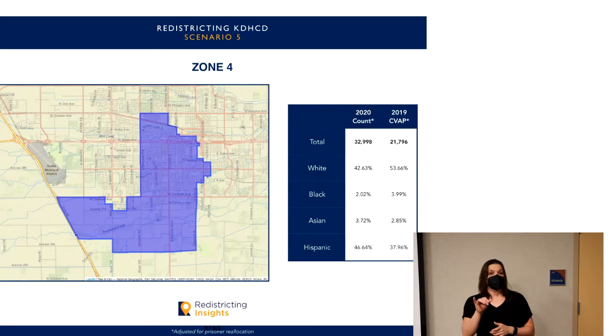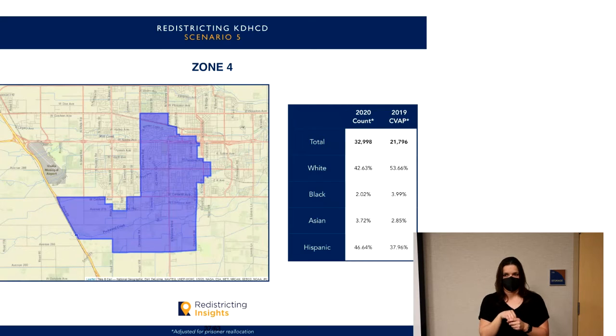And then we move on to this yellow one labeled District 4. This one is under by 0.36%, 37.96% Hispanic CVAP. It takes in the central and southern part of Visalia.